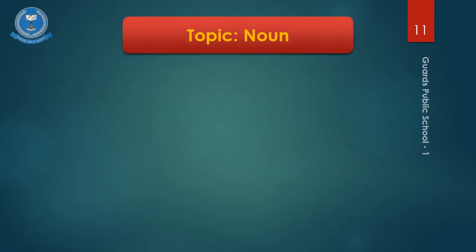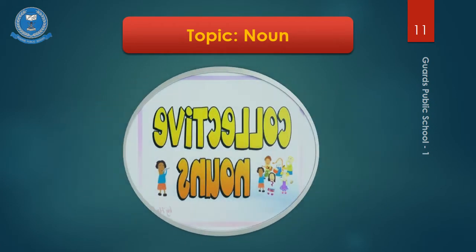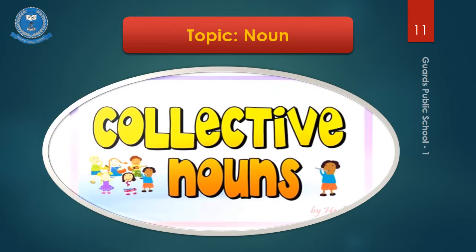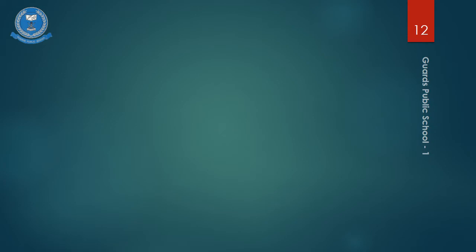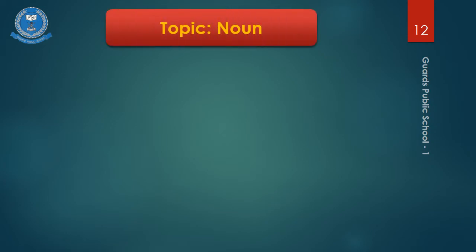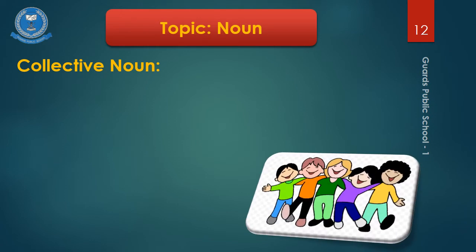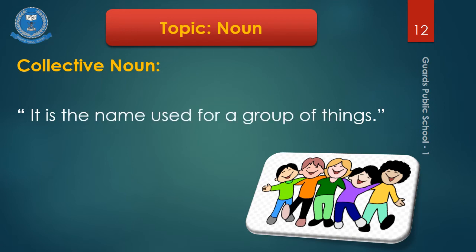Forwarding to our next topic, collective nouns. Can anybody tell me what is a collective noun? Collective noun can be defined as it is the name used for a group of things.